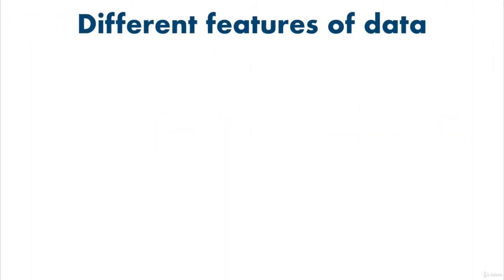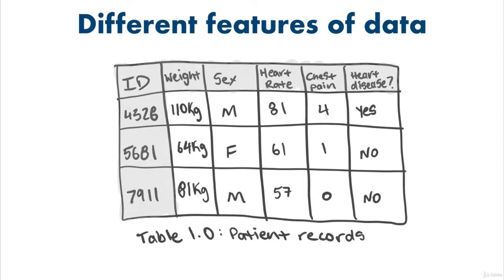For example, let's go back to our predicting heart disease problem. We might want to see if things such as a person's body weight, their sex, their average resting heart rate, and their chest pain rating can be used to predict if they have heart disease or not.